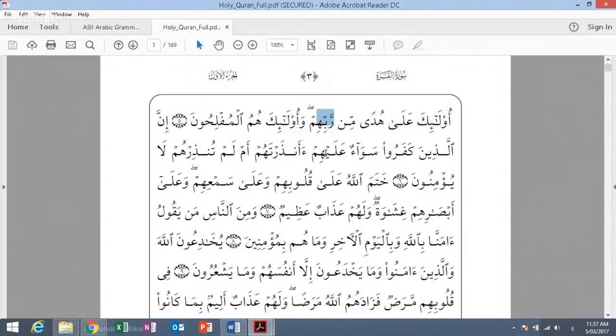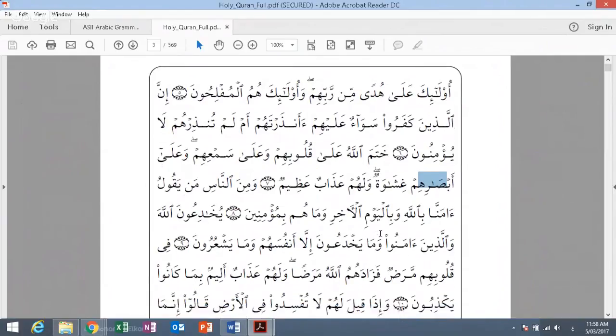I'm just getting the examples of dhamir majroor muttasil. What about qulubihim? Jama muzakkar ghaib, dhamir majroor muttasil. Sam'ihim, same. What about absarihim? Same thing. You can say the jarri case as well if you want.